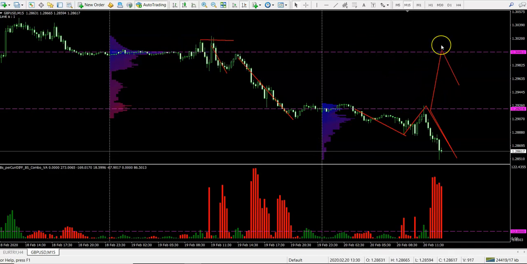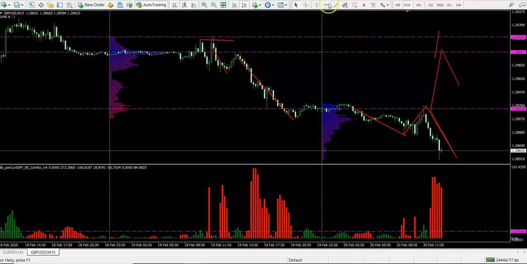I'm highly likely looking for sellers to be still there or to come and defend this area because they don't want to lose money. But I would be very happy if the market comes and checks out these sellers, goes above that high, and starts pushing them back down again.